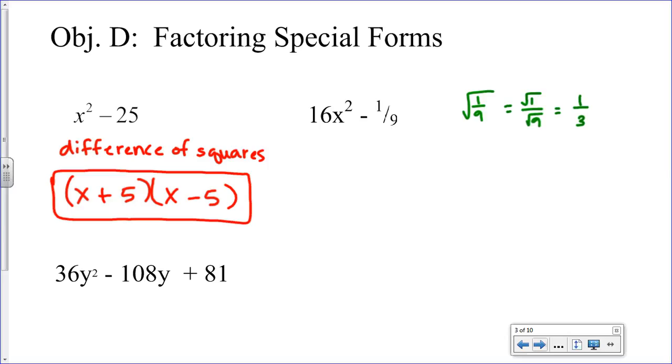Okay, so this is also a subtraction, a difference of squares. So 16x squared, what's the square root of that? 4x. The square root of 1/9 is 1/3. One is addition, one is subtraction.